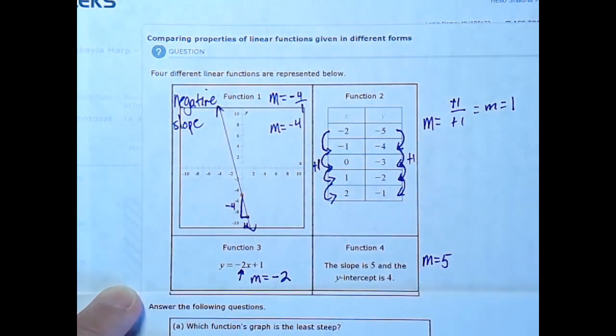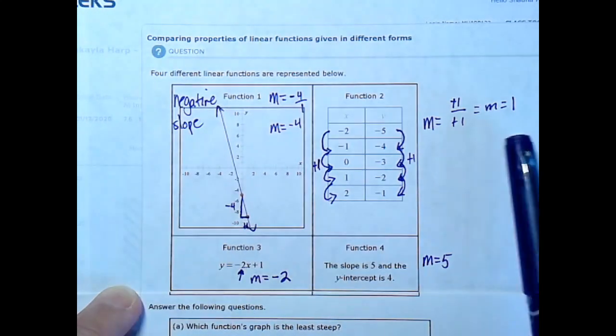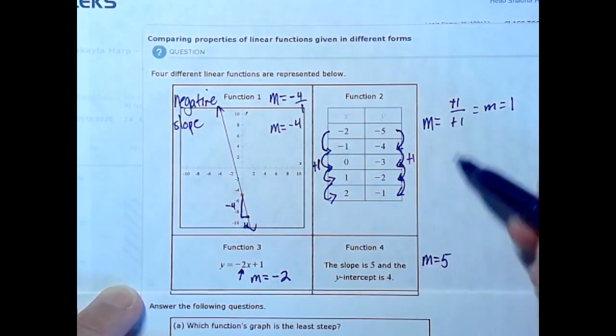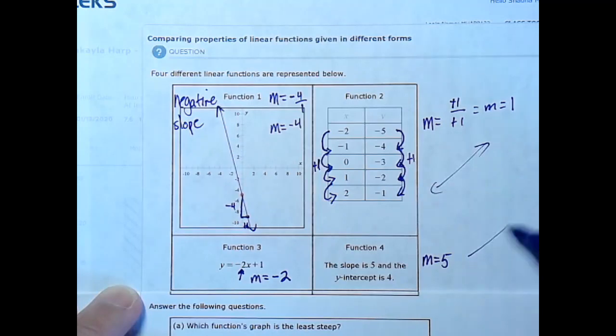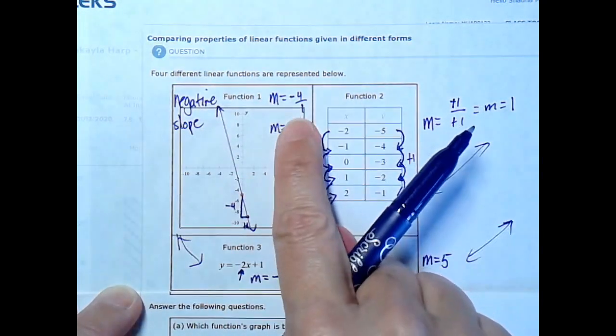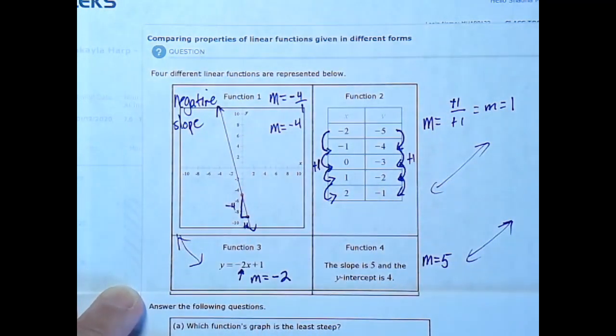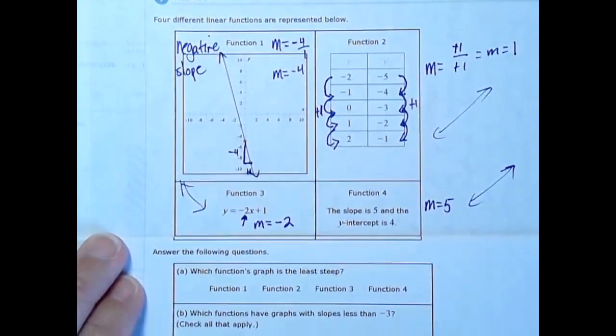Okay, so these 2 lines are going to be going downward, and these 2 lines are going to be going upward. So these 2 lines are going to look like this, and these 2 lines look like this, because these slopes were negative and these slopes were positive. Okay, so now let's see if we can answer the questions.